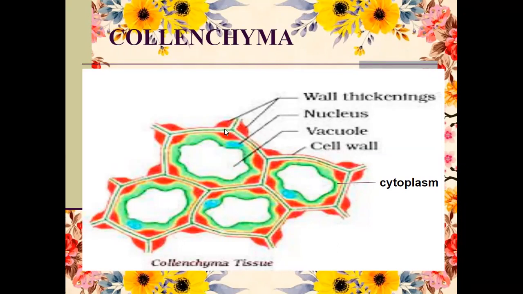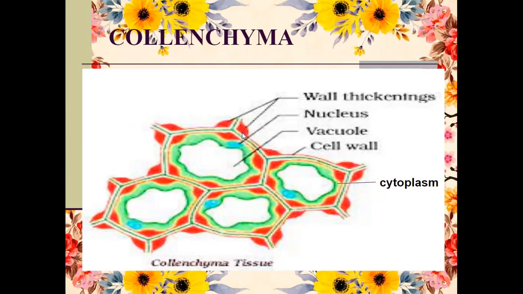Each collenchyma cell contains a cell wall. The cell wall is made with cellulose and hemicellulose chemicals. Generally, in collenchyma, the corners of the cell, see here, these are the corners, show thickening of the cell wall.